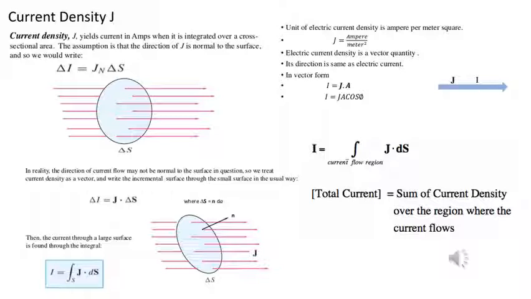In the second case below, you are seeing the plane is inclined. What will happen in that case? Which area vector do you have to take? You have to take the vector which is perpendicular to the plane. That means if it is delta S, in the figure you are seeing, it is n. So the area vector along the direction of current makes an angle theta.